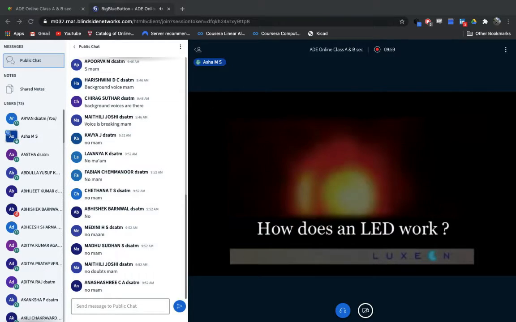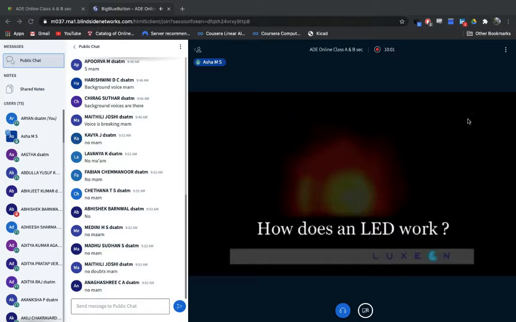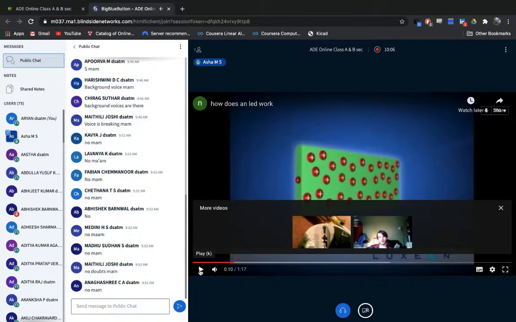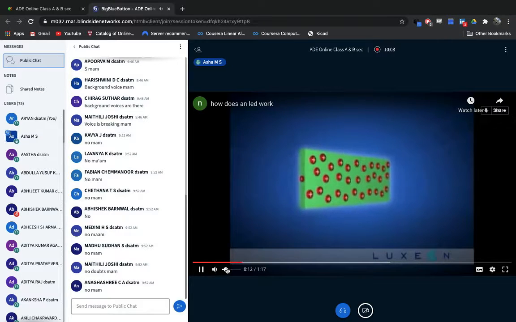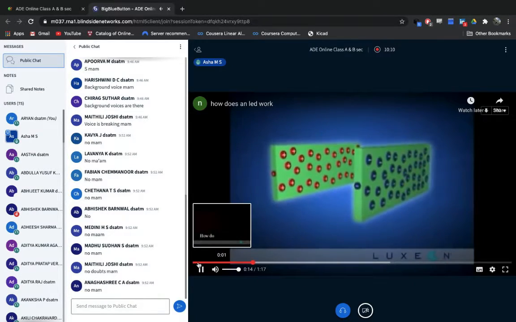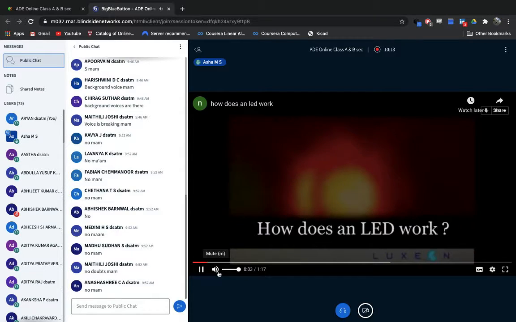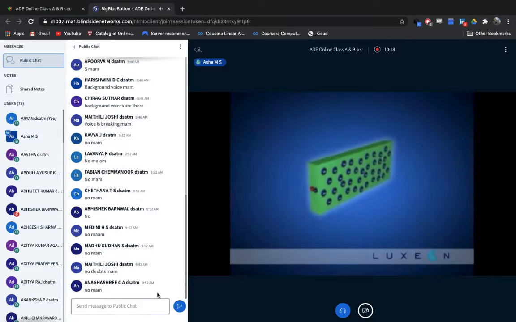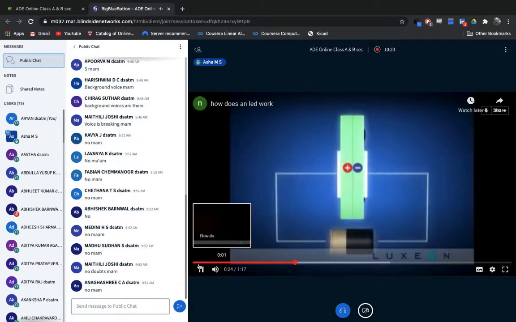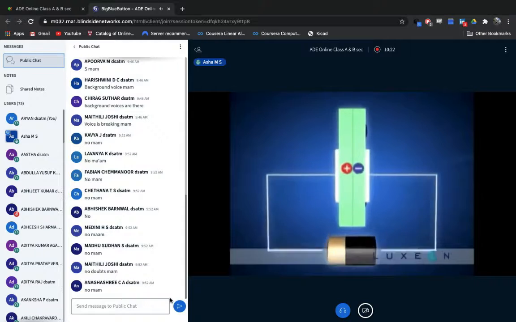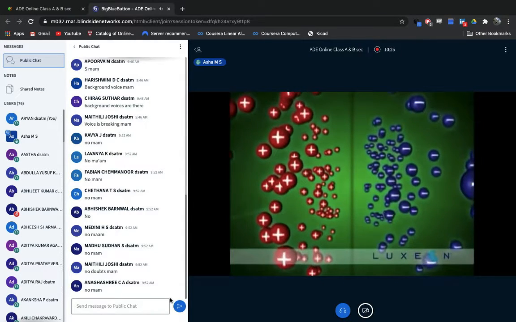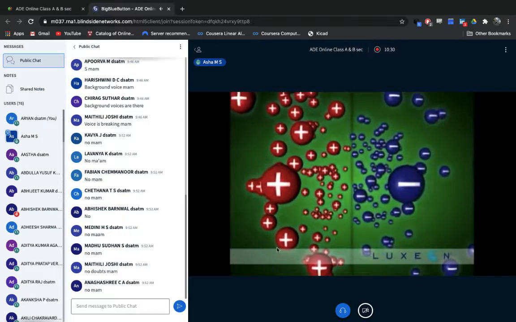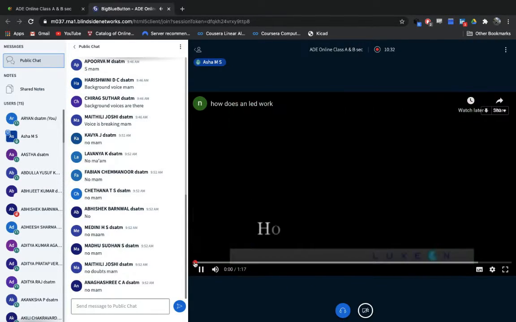In simple terms, here's how an LED works. An LED is a basic semiconductor device. P-type semiconductor material containing positively charged carriers called holes is combined with N-type semiconductor material containing negatively charged carriers called electrons to create a diode. When a current supply is connected to the diode, the negative charged electrons are forced to move one direction, and the positive holes move in the opposite direction. When a free electron comes near a hole, it combines.